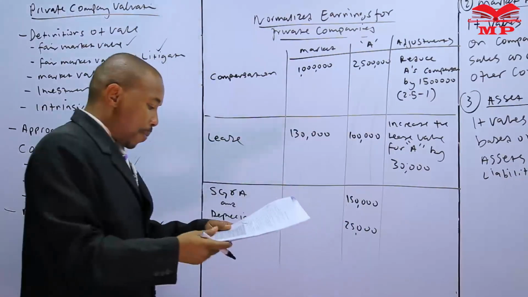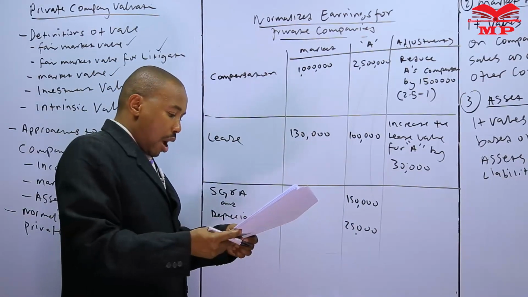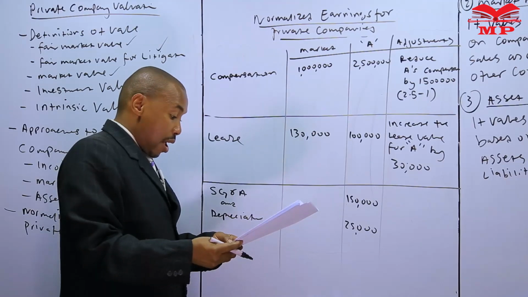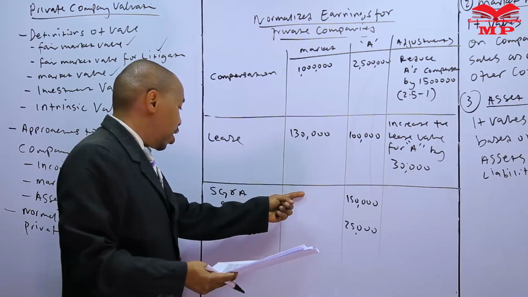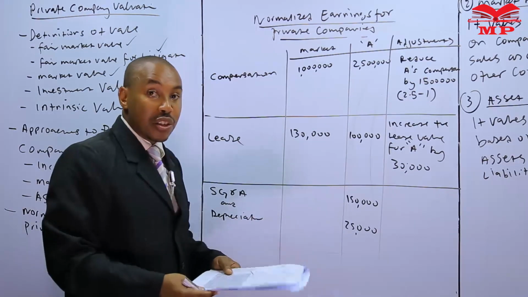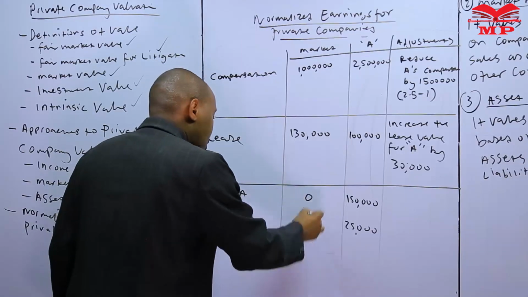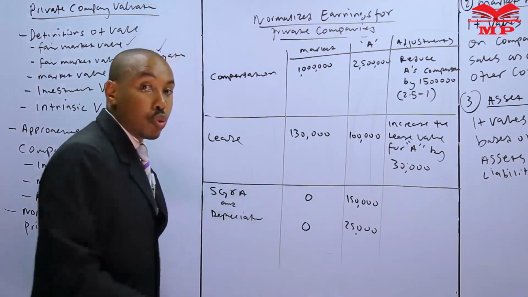What about the one for the market? For the market, we have been informed nothing as far as the SG&A expenses and the depreciation are concerned. So here it is 0 and here it is 0. So what should we do?